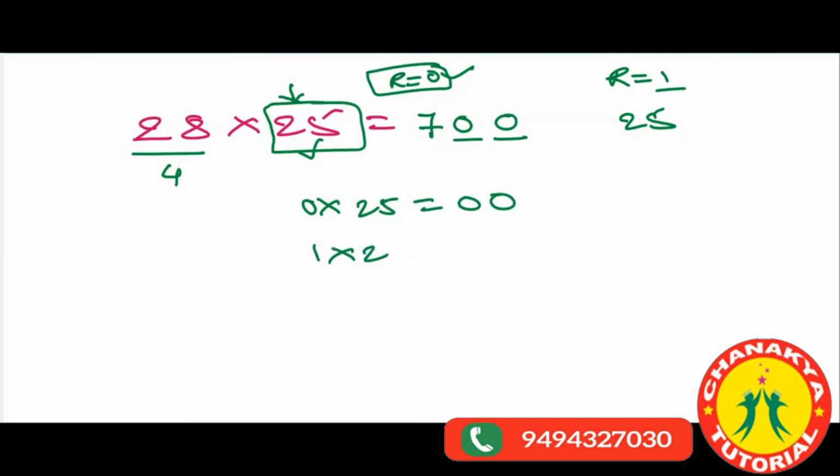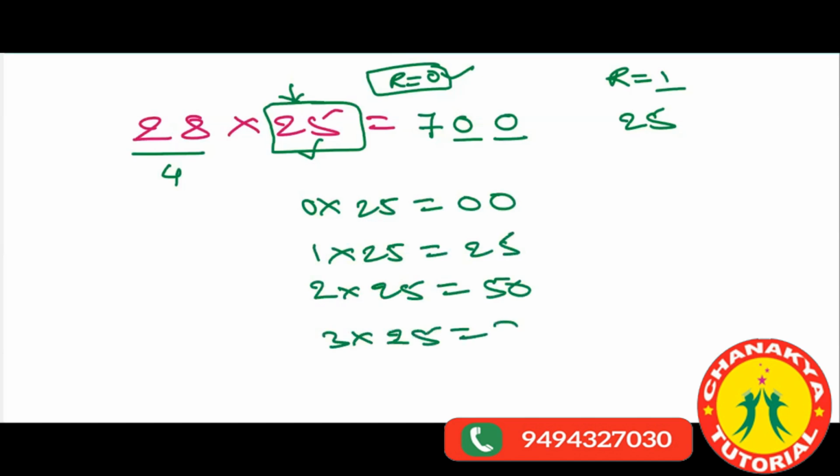Remainder is 1: 1 into 25 is 25. Remainder is 2: 2 into 25 is 50. And remainder is 3: 3 into 25 is 75. Based on the remainder, we have to keep the last 2 digits this way. Clear? All of you understood?